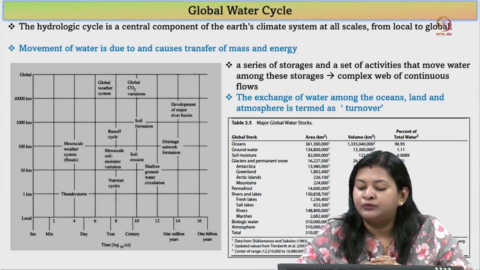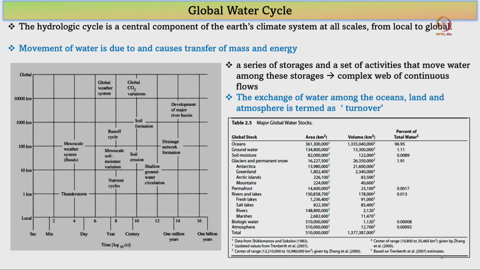It is only 1.1% of the total water available on earth, right. And rivers and lakes are a very minor fraction, that is 0.013 fraction of the total water available on earth. And of course, you already know these numbers since your school days, that the oceans are the major storage of water on earth's surface.